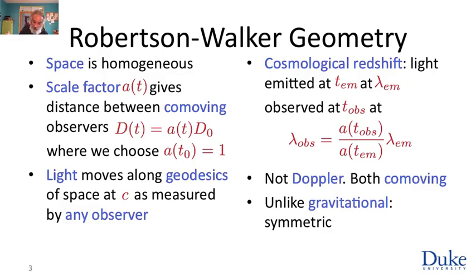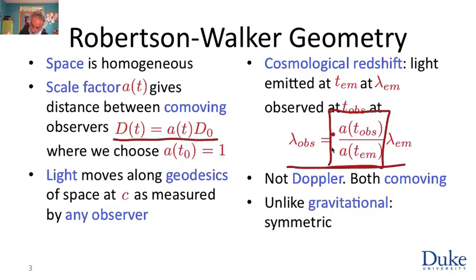And you can solve Maxwell's equations in the presence of relativity, and you find that, as we have already foreshadowed, light that is emitted at time t emission with a wavelength lambda emission will be observed at a later time at a longer wavelength, and the ratio of the wavelengths is precisely given by the ratio of the scale factors, which, remember, determine the changes in physical distances between things and the way in which curvature is diluted.